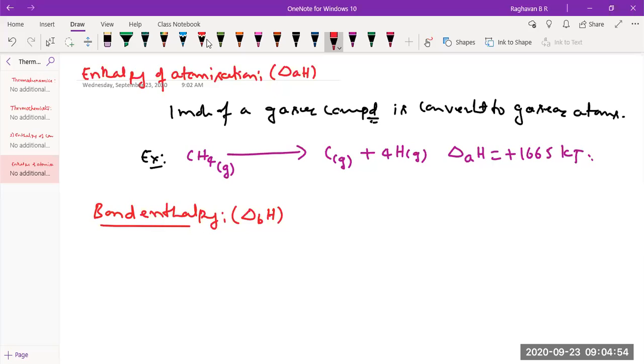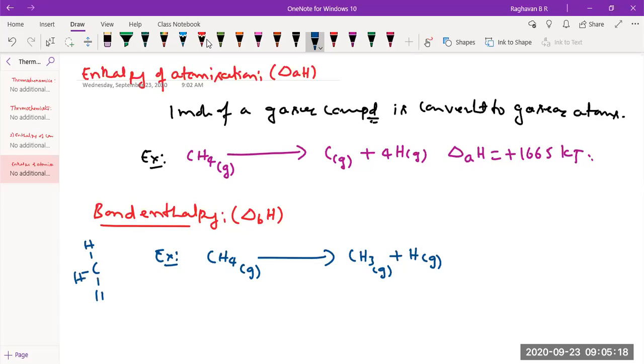For example, in the methane case itself, you break 1 mole of a particular type of bond. You just break 1 mole of C-H bonds. What is remaining now? CH3 gas and H gas. Whatever the enthalpy change is, it's called bond enthalpy. It comes to around 400 kilojoules, 435 or so. So that is the bond enthalpy.